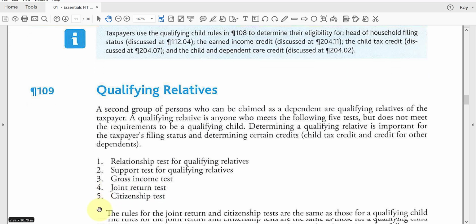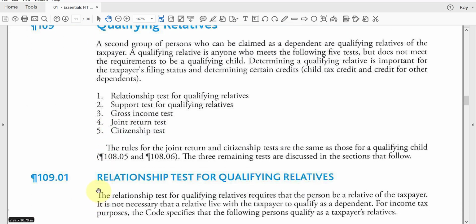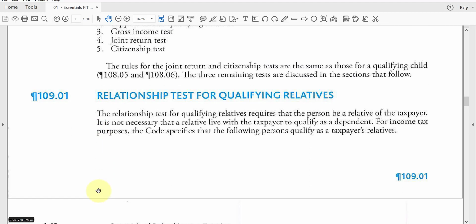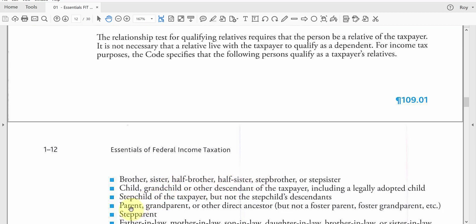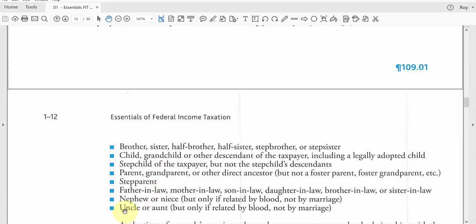So the relationship can still be like we saw before, could be son, daughter, brother, sister, grandkids. But now you can go upwards, ancestors, parents, grandparents. You can have your aunt or uncle, not by marriage, but by blood, meeting the relationship test.